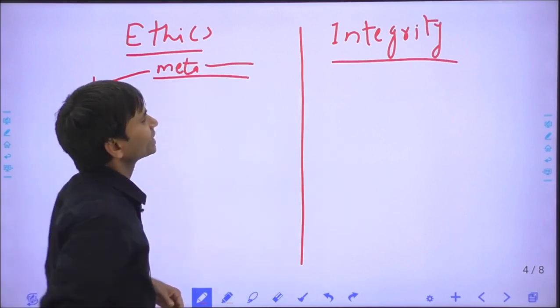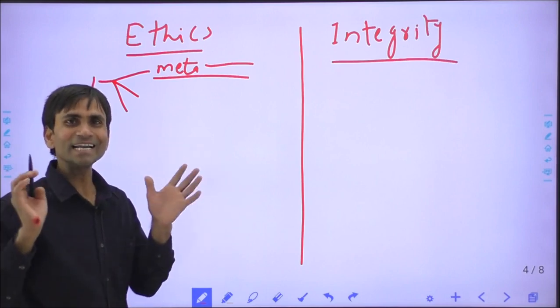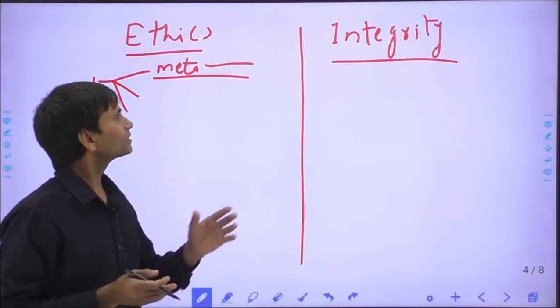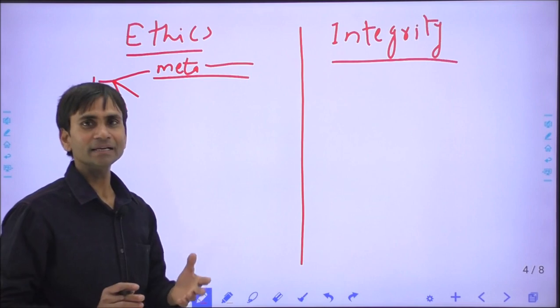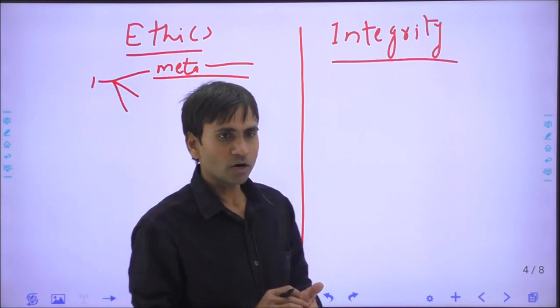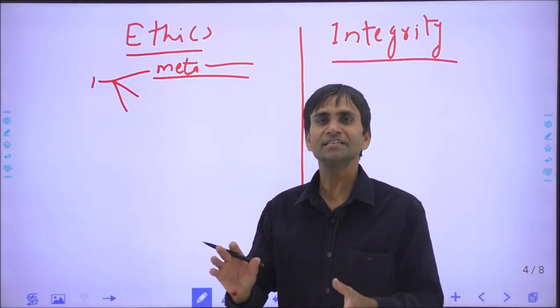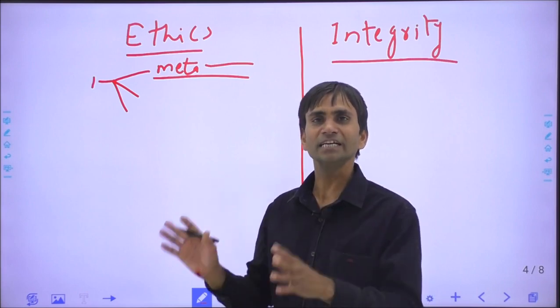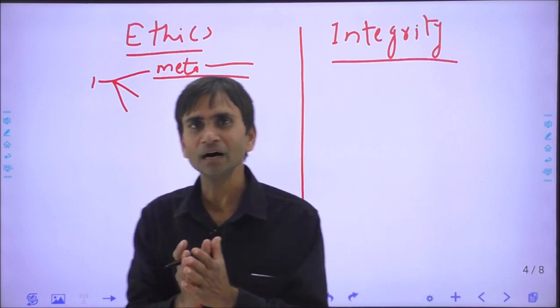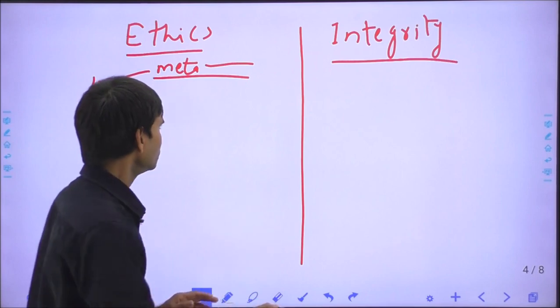What do you mean by meta ethics? You have to study in detail. Meta ethics mainly considers the matters of evolution, concept, nature of judgment, statements, and the meanings of different words.